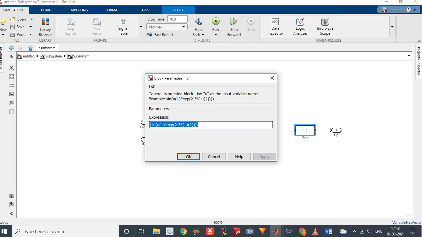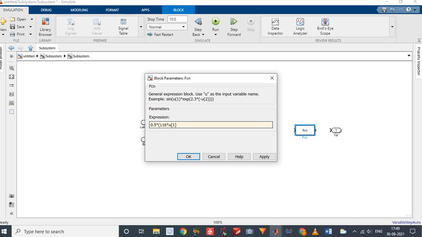That will be 0.5, means 1 upon 2 will be 0.5, into bracket 116, that is C2 as per the equation, into U, the first input, U of 1, this is the first one.